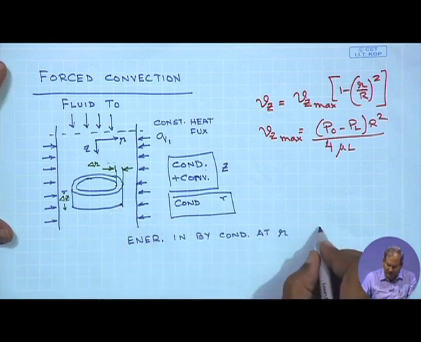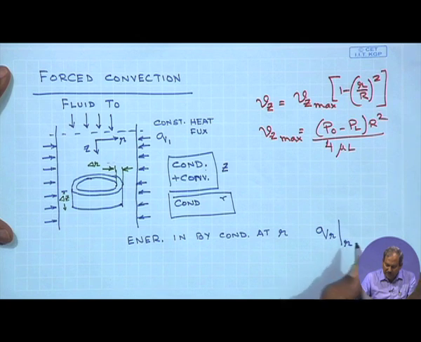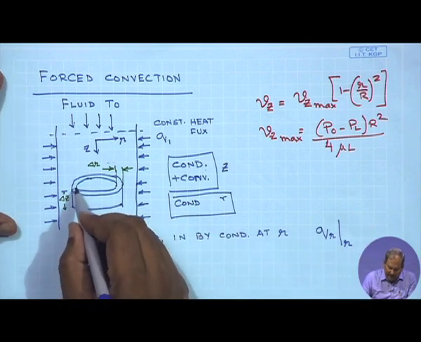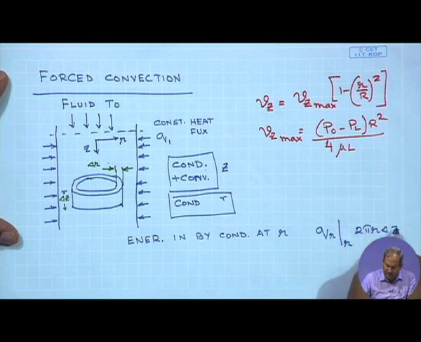So the energy in by conduction at r, if I take the flux to be qr evaluated at r, has to be multiplied by the area. It's the inside area of the annulus, which would simply be equal to 2 pi r times delta z.